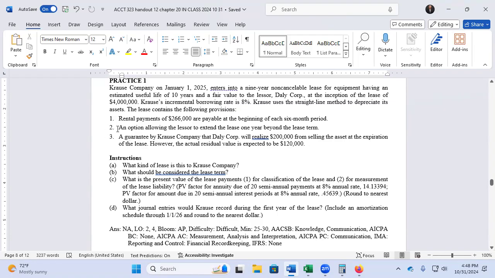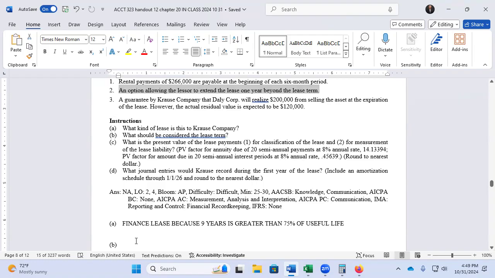Okay, so here it says an option allowing the lessor to extend the lease 1 year beyond the lease term. And so the lease term would be 10 years.